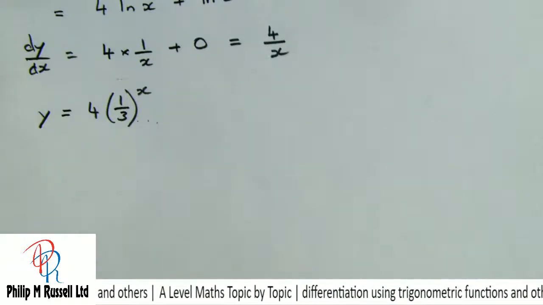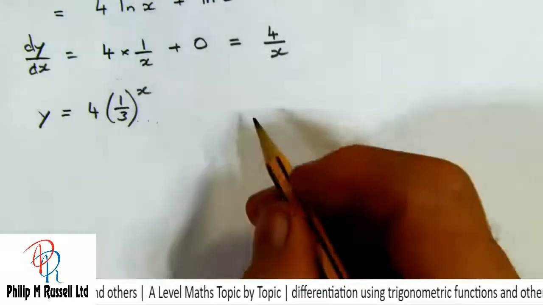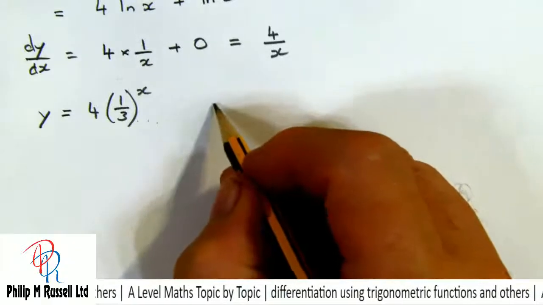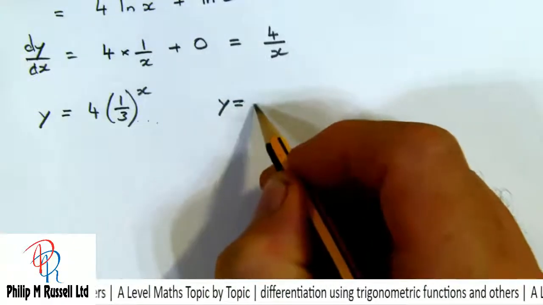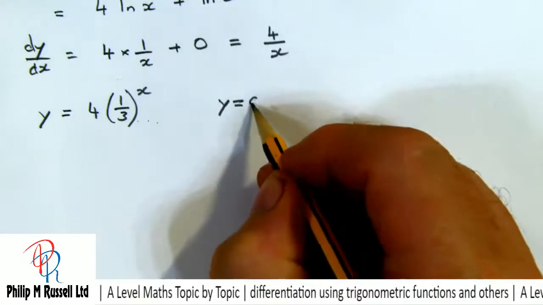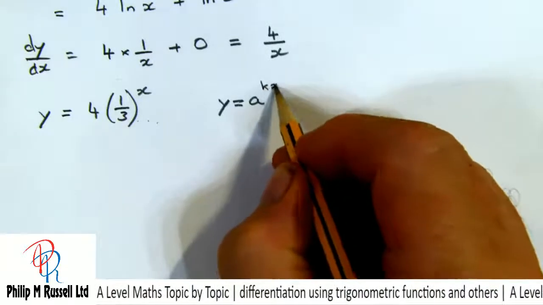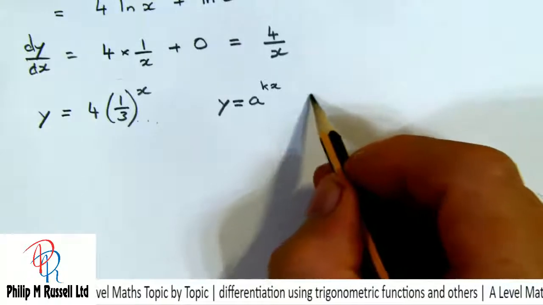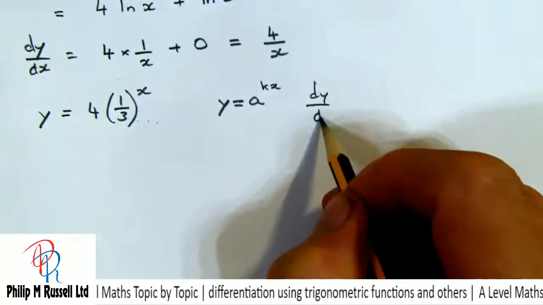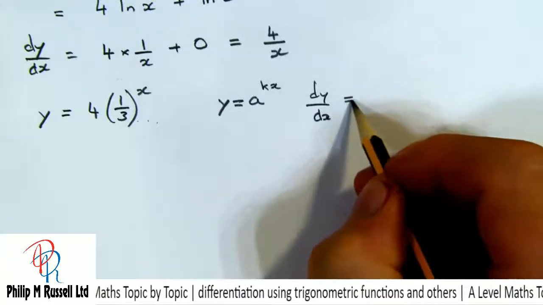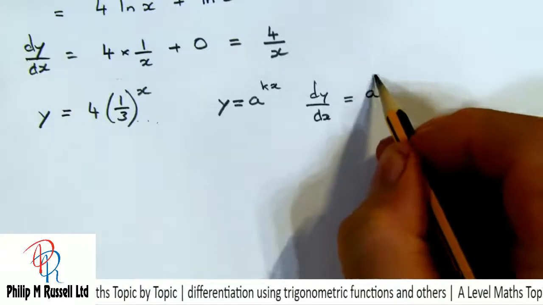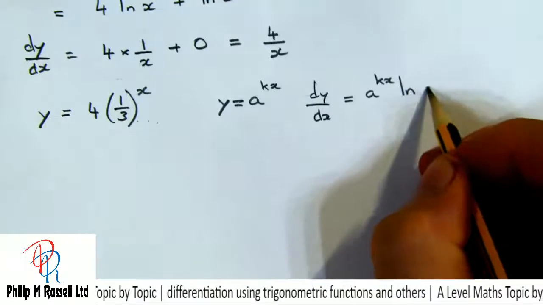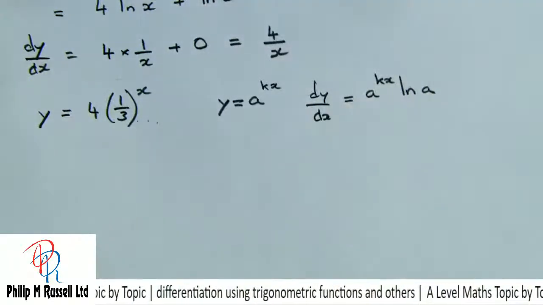Now what can we actually do with this? Well, this is in the form of a to the kx, and if I differentiate that, that's going to give me a to the kx ln of a.